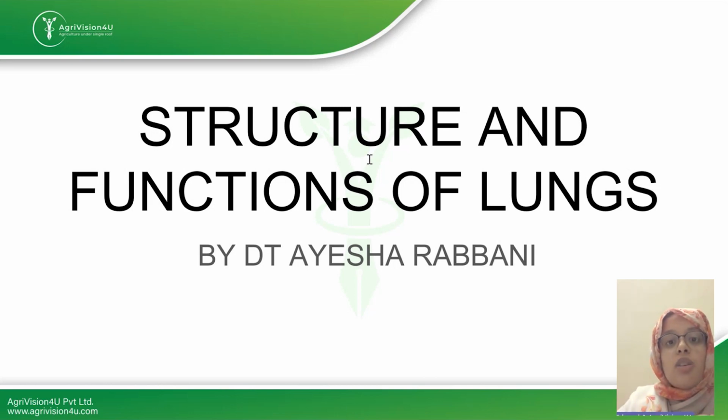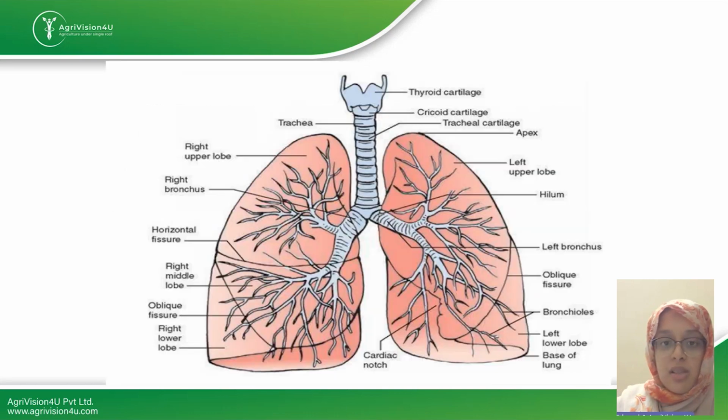And the lower respiratory system, as I have already mentioned, includes the larynx below the vocal folds, the trachea, the bronchi, and the bronchioles. You can see the image of this over here. This particular part is your bronchioles.